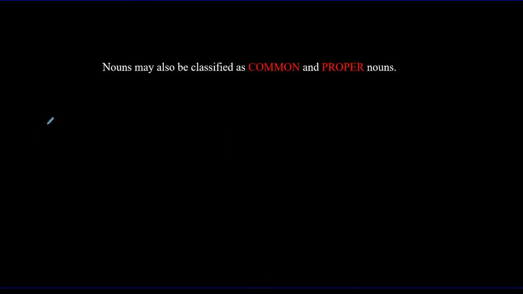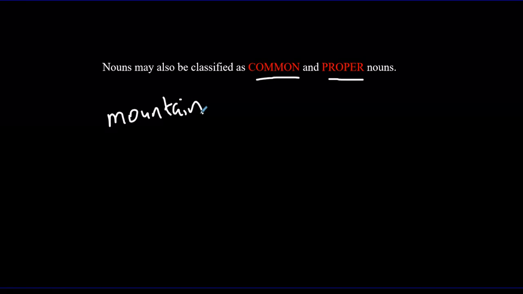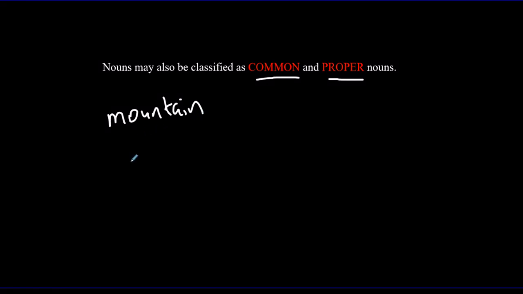In addition to abstract and concrete nouns, we can classify them as common nouns or proper nouns. Now, we already know that common nouns can name any person, any thing, any place, any idea, or any quality. So any mountain in the world is a common noun.